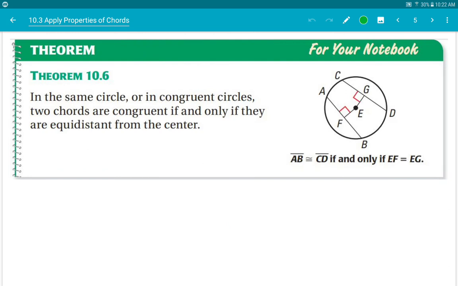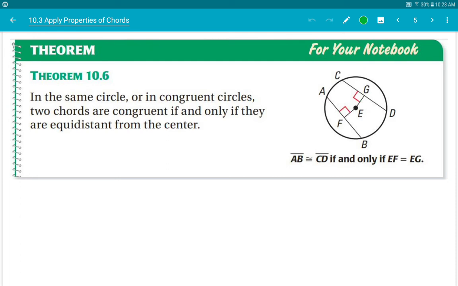Okay, this theorem here: in the same circle or in congruent circles, two chords are congruent if and only if they're equidistant from the center. Now, if you guys remember when we talked about distance, the way we measure distance is usually by using a perpendicular line to a segment. So we're looking here at the center.